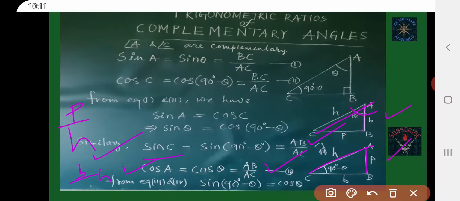Okay, now equations 3 and 4, you have the right sides the same, so you can write sin C is equal to cos A, or you may write sin of 90 degrees minus theta is equal to cos theta. So here you must remember, sin of 90 degrees minus theta is equal to cos theta.